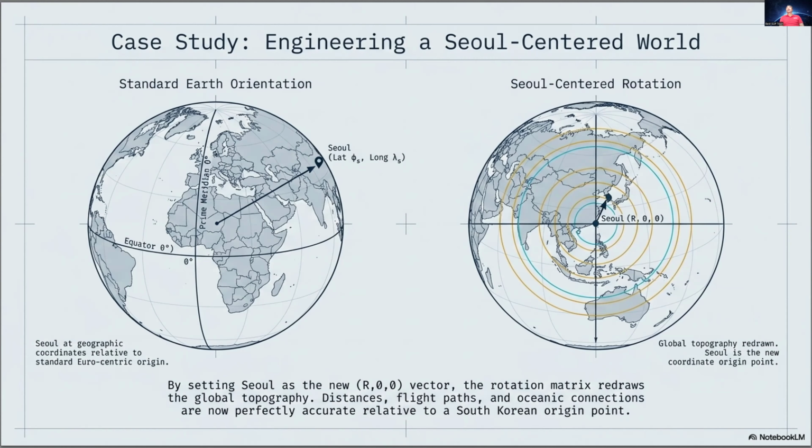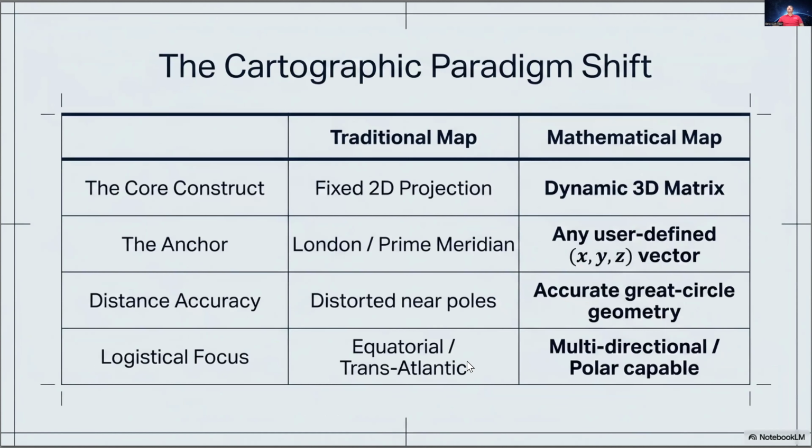We can see that it's just like Google Earth. In fact, this is a space. But when we can make the map with the planet, this is another level. This is a new world, new data. The cartographic paradigm shift: traditional map versus mathematical map.